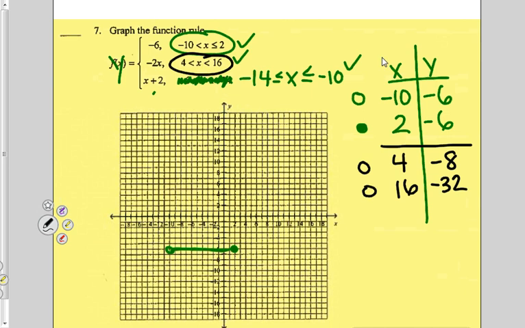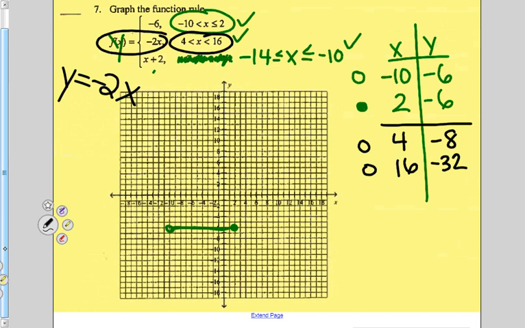These are both open circles because it's not equal to. We're multiplying because this says y must be -2 times x. Okay? So there's one point at 4, -8, and it's an open circle. And the other one is at 16, -32, which is way down there, and it's going to be an open circle.